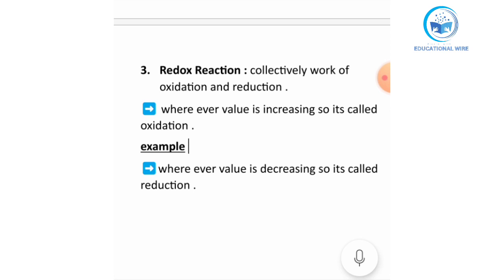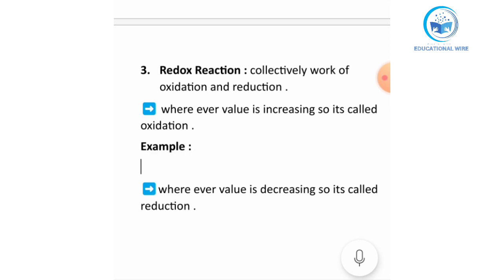As we have one example here, likewise I am taking 2 N minus 3. Now what I have taken here is nitrogen, and in nitrogen what is happening is the losing of electrons, we have 2 and minus 3.